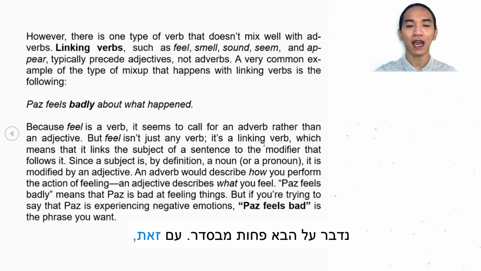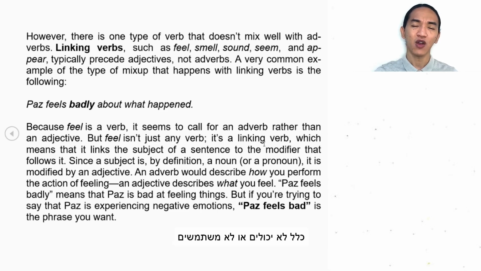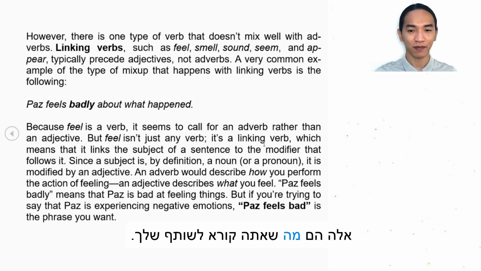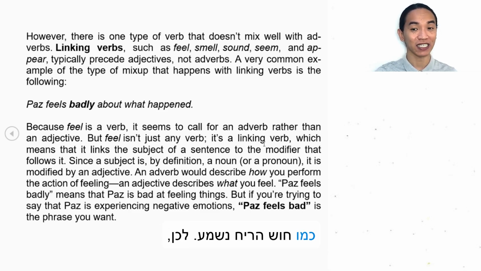Okay? Now, however, there is one type of verb that does not mix well with adverbs. So it means we usually cannot or do not use adverbs with them. So these are what you call your linking verbs, such as feel, smell, sound, seem, appear.